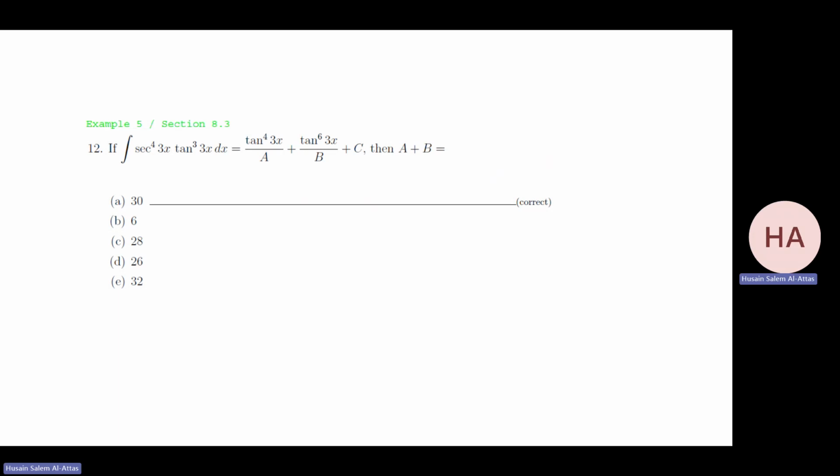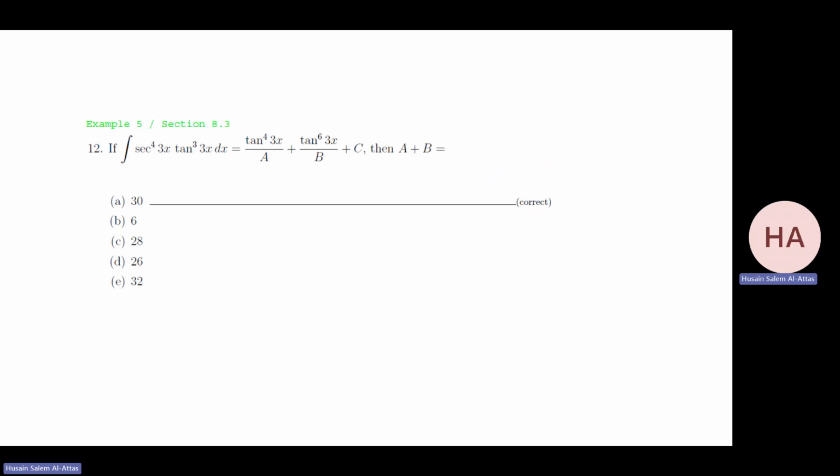Okay. Secant to the power 4 tan cubed 3x. So what I will do, I have secant even and tan cube. I can do one of them. But it seems I need to have u to be tan, since he's making the answers in terms of tan.